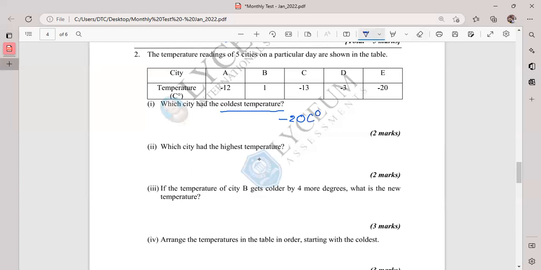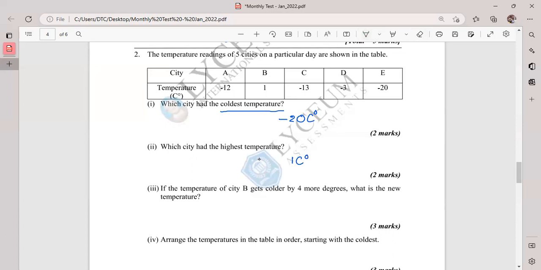So the degree, or else I will write it like this. Okay. Right? Then what is the highest temperature? Here we have only one positive value, that is 1 Celsius degree, right?